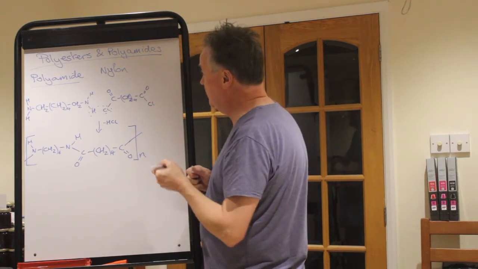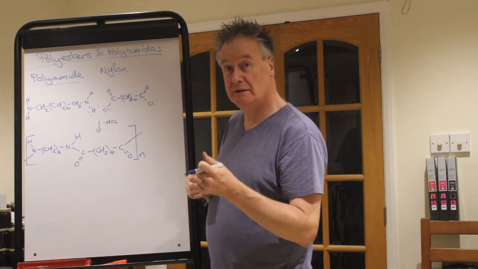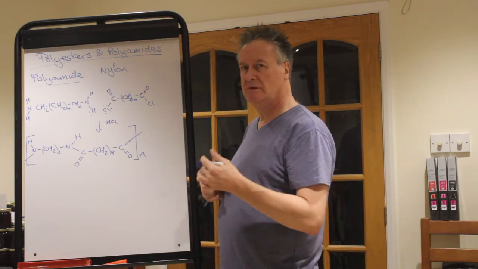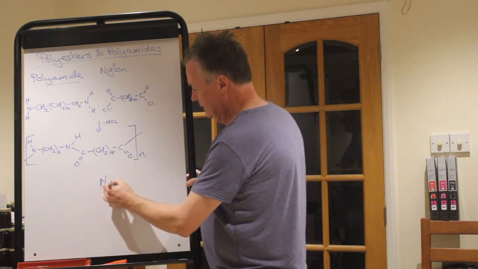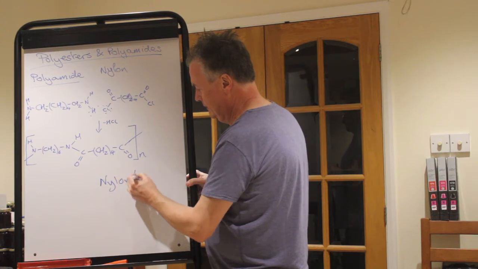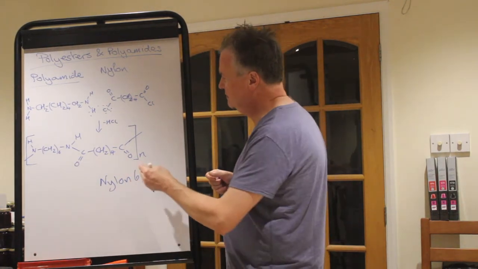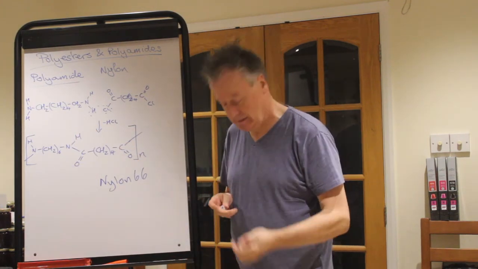Now this would be, like I said, an example of nylon, one of the earlier synthetic materials, with all sorts of sad stories attached to it. But this would be what is termed a nylon 6,6, not nylon 66, because each monomer has 6 carbons. And that's where that name comes from.